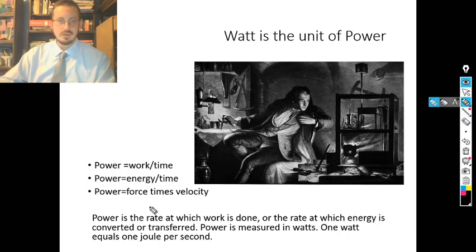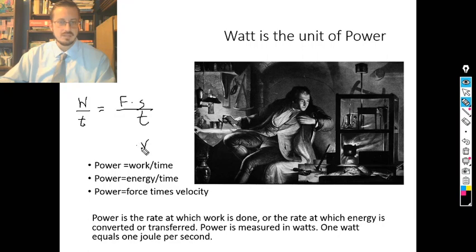An alternative equation for power is force times velocity. And so if we think through the idea that work divided by time is power, but previously we've said that work is force times displacement, then when we consider work over time as force times displacement divided by time, we know that displacement divided by time is velocity.